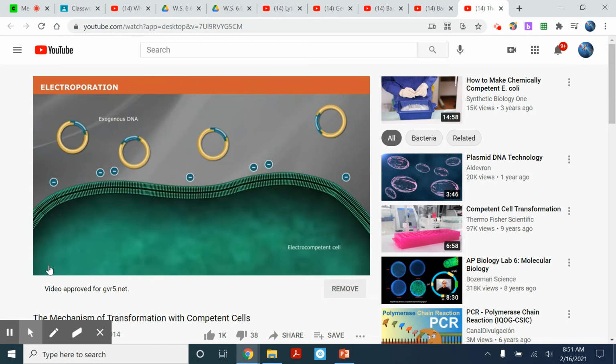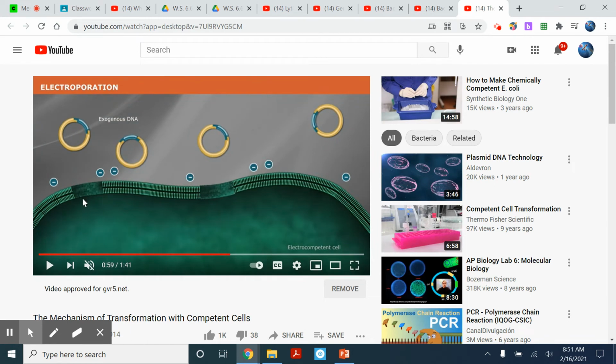So you can kind of see here, do you see how little holes kind of opened up in the plasma membrane and then the DNA can get through? Calcium chloride with heat shock: imagine if I put you in an ice bath for about 5 minutes, and then I take you out of your icy water bath and I dunk you in a hot tub for 50 seconds.